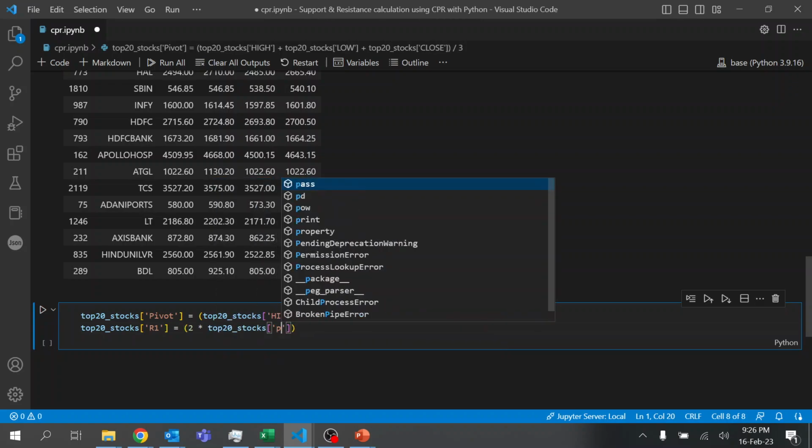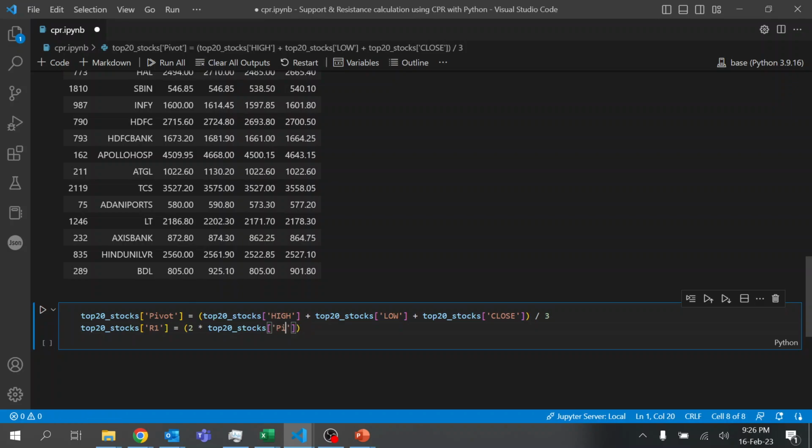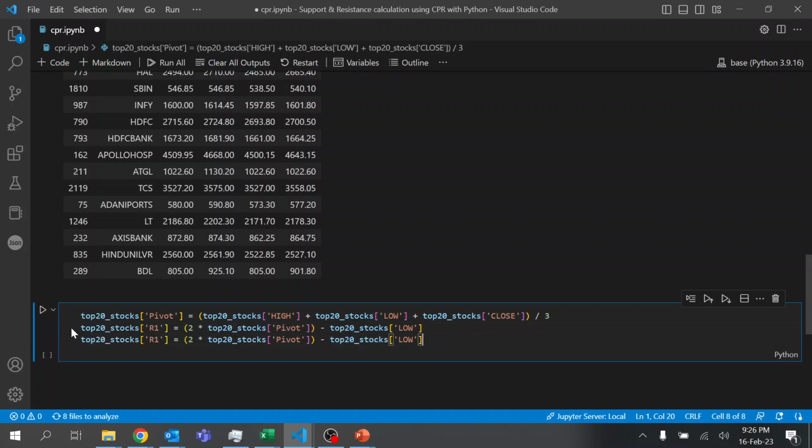So 2x the pivot value minus, this is a resistance. Resistance is always higher, so the value should be low over here. Now let's do the same thing for support.